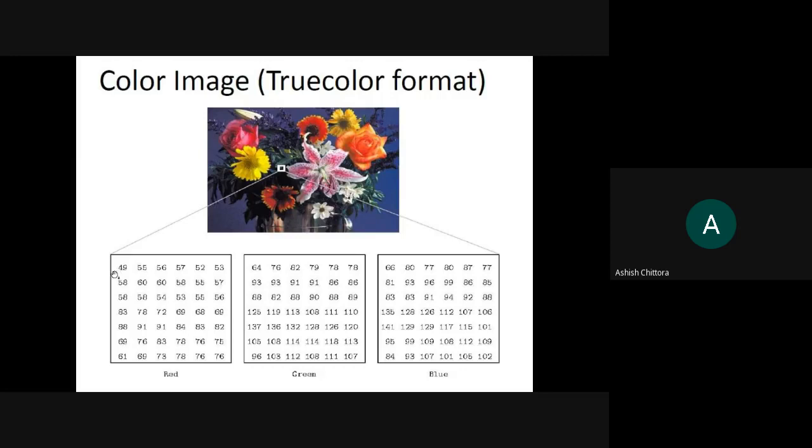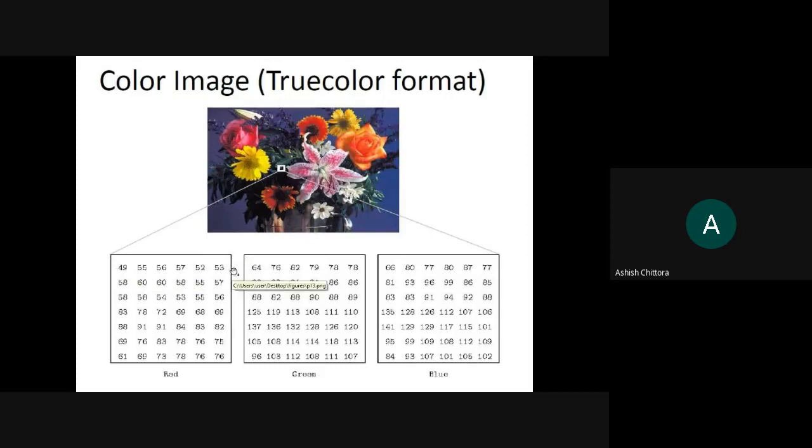So the first pixel will have the color produced by the combination of 49, 64, and 66. This RGB combination will produce a unique color on the pixel. Similarly, the second pixel is 55, 76, and 80. Like this, each pixel consists of three parts: red, green, and blue.